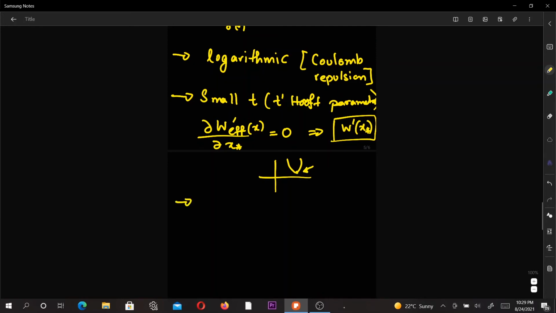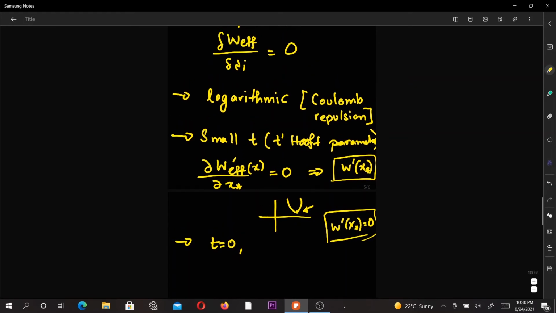And if you say t equals 0, the particle is basically at x star, that is at their minima. So this is a physical insight into what's happening.